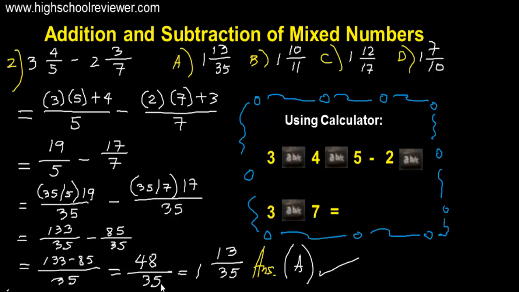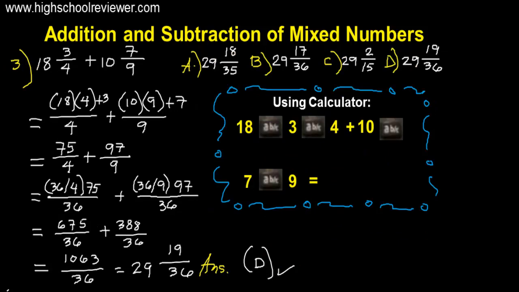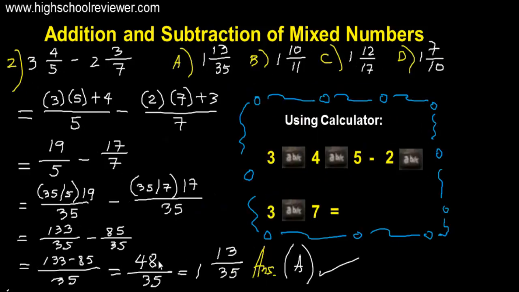So computing the numerator, we will arrive at 48. So 48/35. This is not our final answer because this is an improper fraction. We have to change this to a mixed number. So 48 divided by 35, the whole number is 1. Copy the denominator, and then 13, we arrive at 13 by 48 minus the product of 1 and 35.